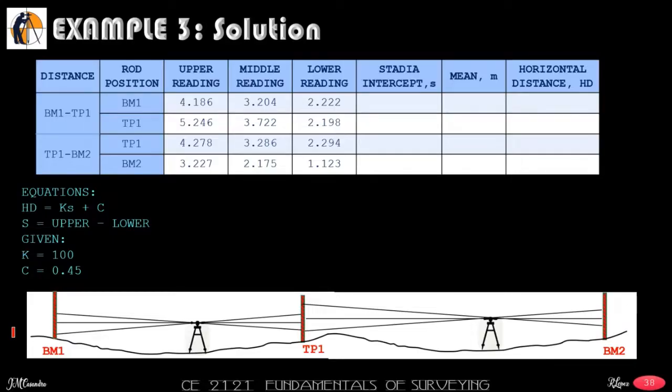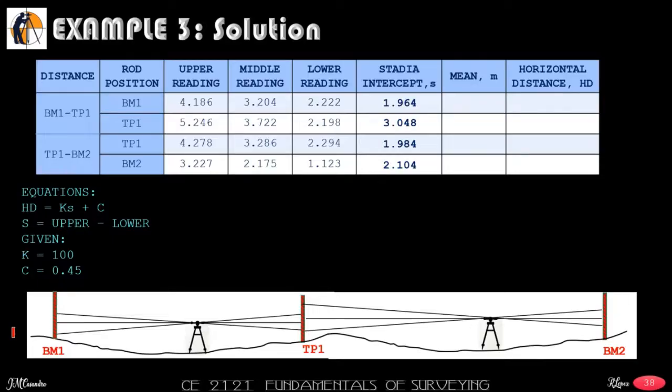So for our stadia intercept, our values now are 1.964 for BM1, TP1, stadia intercept for line 1 is 3.048. Stadia intercept of TP1 at line 2 is 1.984, and for BM2, line 2 is 2.104.